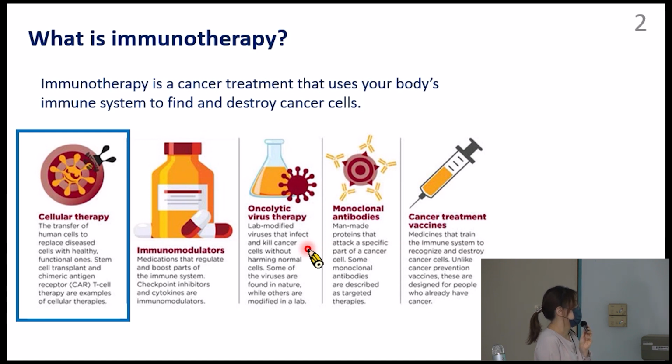Currently, we have several methods for immunotherapy, like monoclonal antibody or cancer vaccine, and immunomodulators such as drugs for the checkpoint inhibitor. And one of the most popular therapies is a kind of cellular therapy, like CAR T.